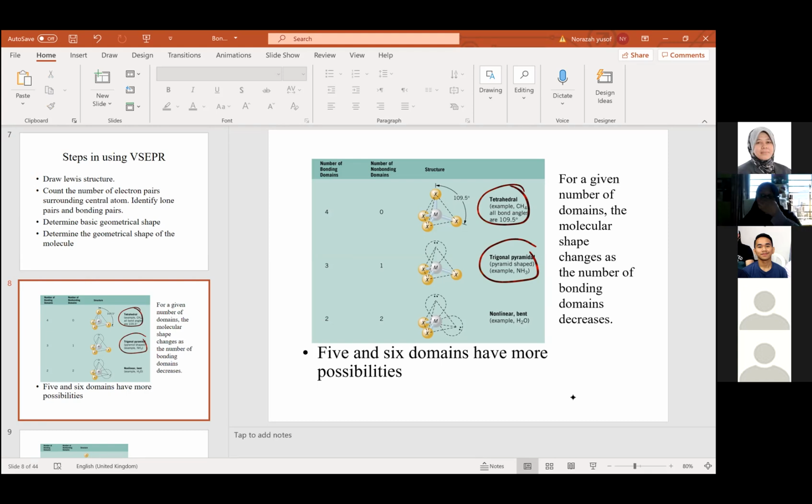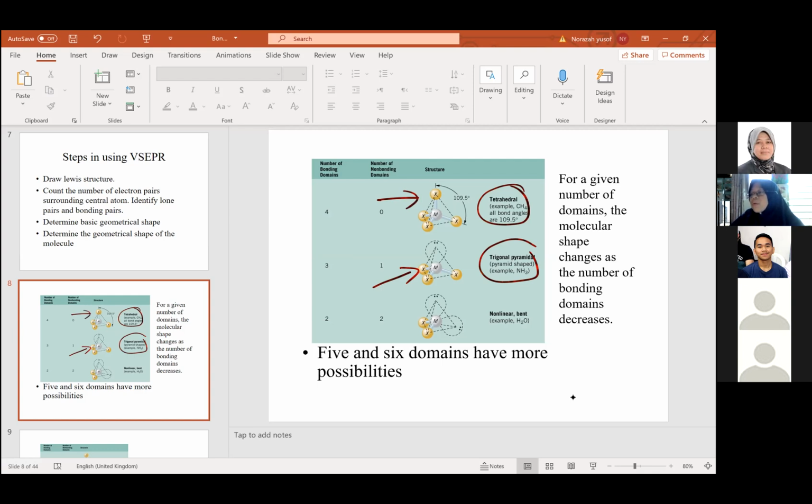But if you are asked to draw, then you have to draw properly, showing the lone pair and the position of the bonds. I'm not asking you to measure the angle, but for example, if you have to draw tetrahedral, it must look like tetrahedral.